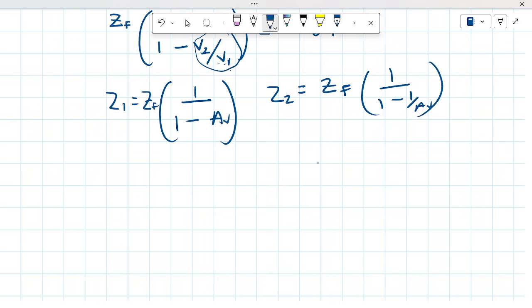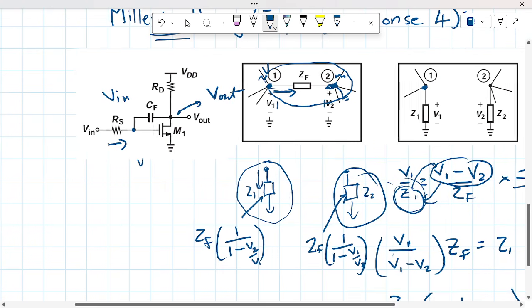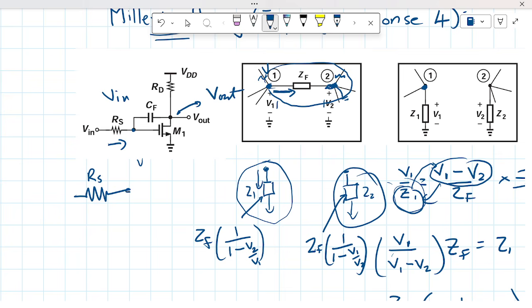In that case, assuming I had the original capacitor here, ZF, I want to redraw the circuit like this: RS over the new Z at the input, which I call Z1, and then I have my RD here, and at the other part the new Z2, C2, which is grounded.